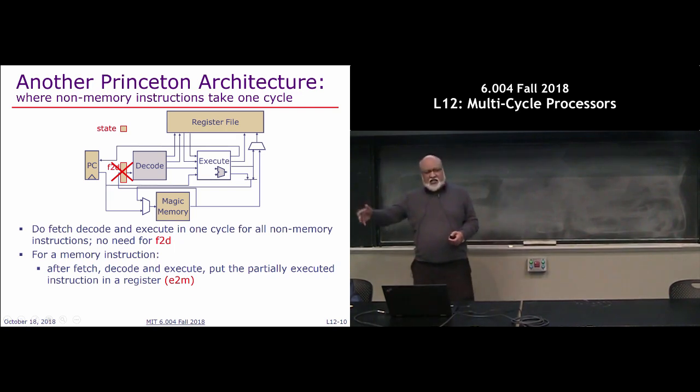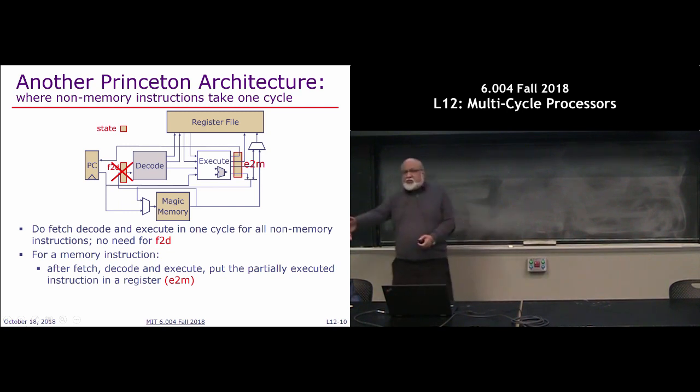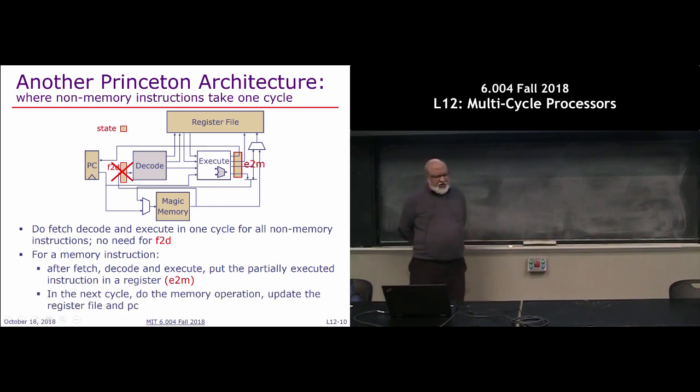Put it all in another register which I'm calling E to M, the execute to M register. So after execute, whatever comes out, you put in this register. And in the next cycle, you will do the memory operation and update things at that point. Is this high-level idea clear to everybody?